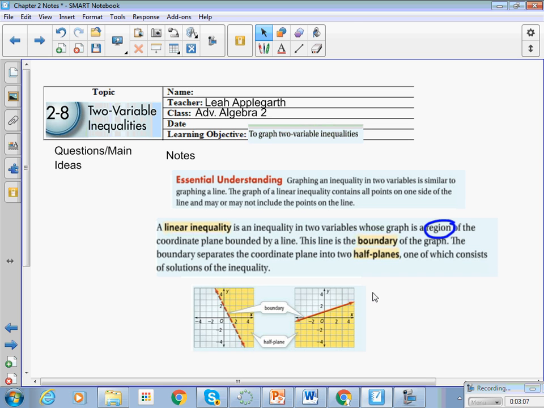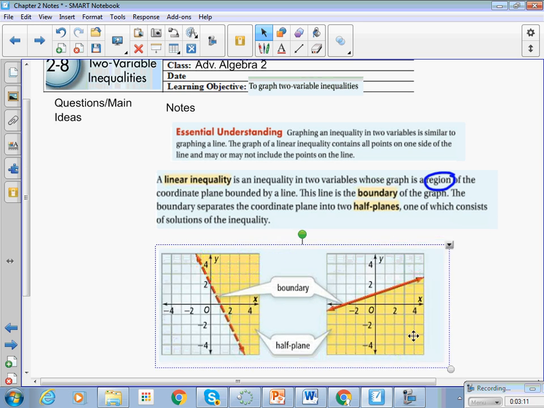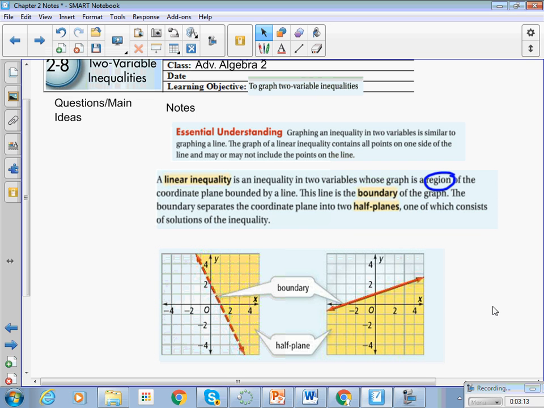So I want you guys to go ahead and draw this picture right here. When we have a dashed line, our solution is not on the line. When we have a solid line, our solution is included on the line. So dashed is not included, solid is included.